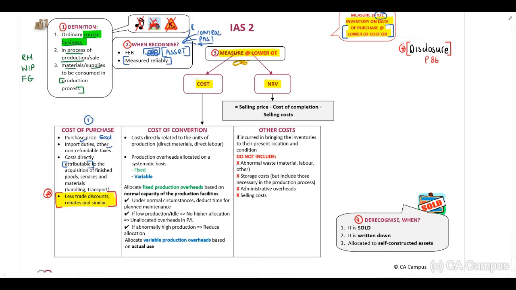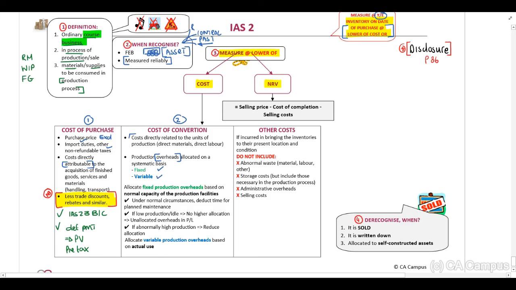Then you need to know that there can be IAS 23 borrowing costs included, and if there is a deferred payment, you need to know that you will have to calculate the present value based on the discount rate that is pre-tax. Then the cost of our conversion, important, guys, that this should include our overheads, fixed as well as variable.